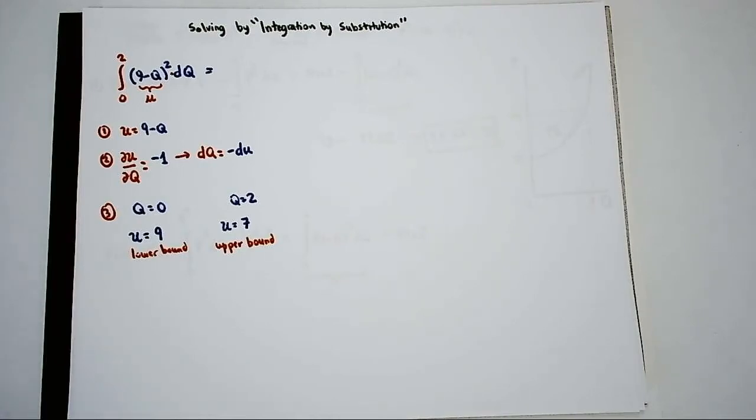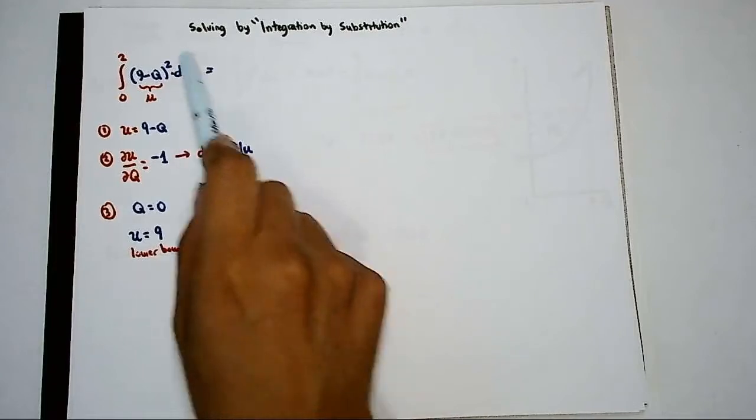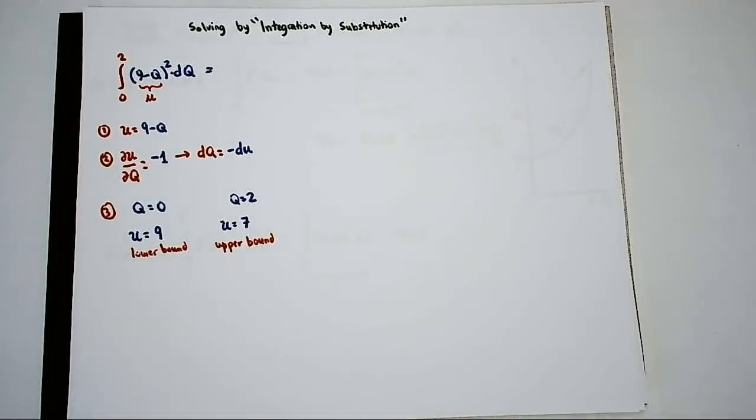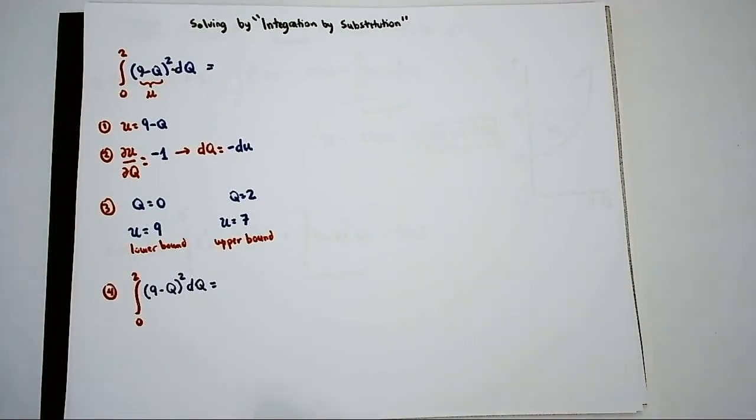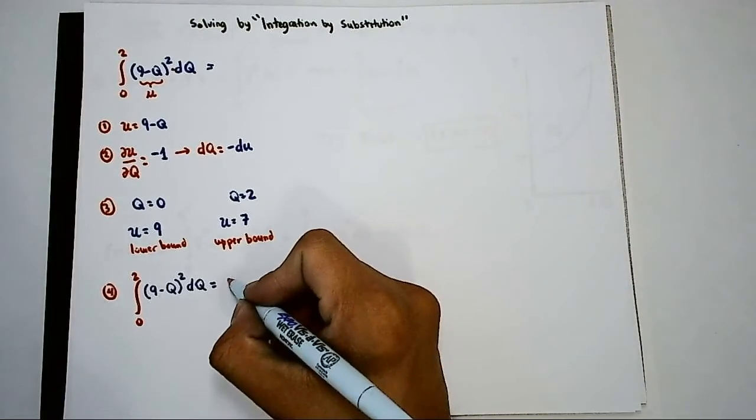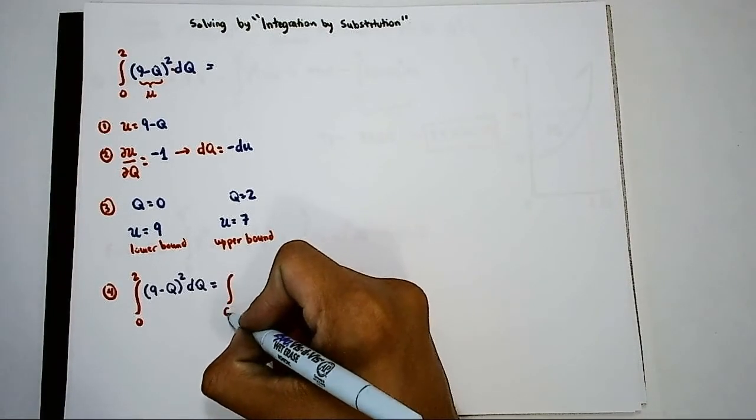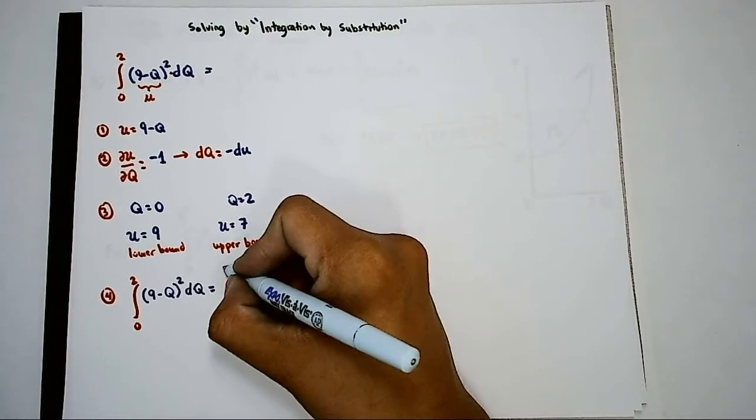Now let's substitute everything to make this integral a function of only u. Let's start with the integration. Notice that we go from 9 to 7.